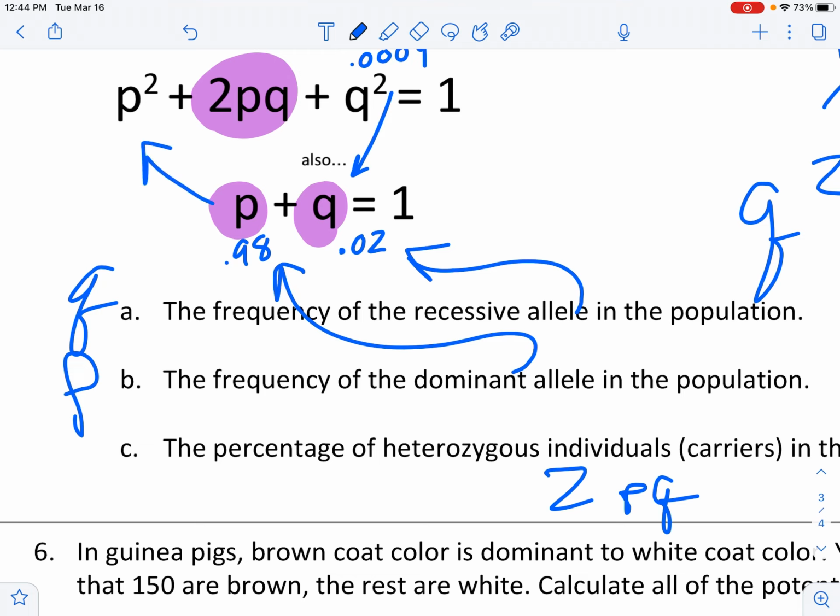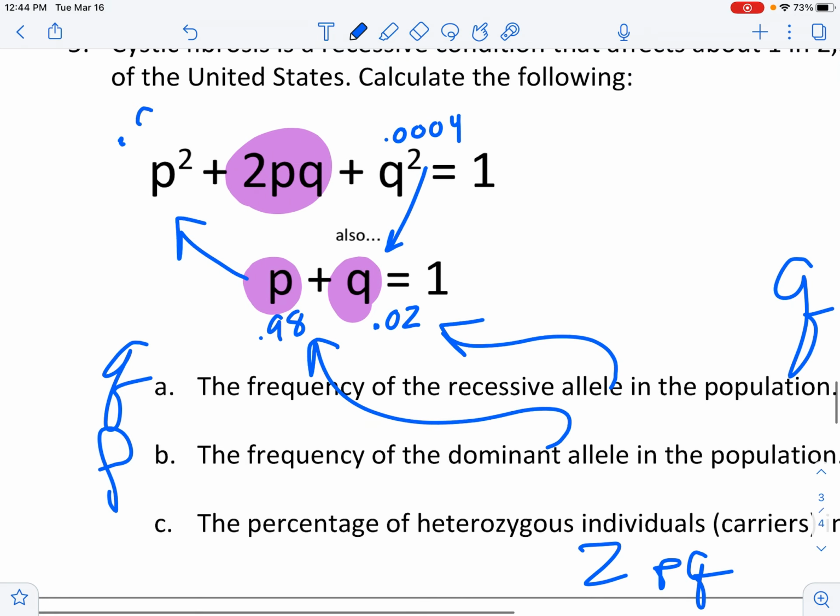Let's square that, 0.98 times 0.98, 0.96. So 0.9604 plus 0.0004 equals, subtract from 1, 0.0392.